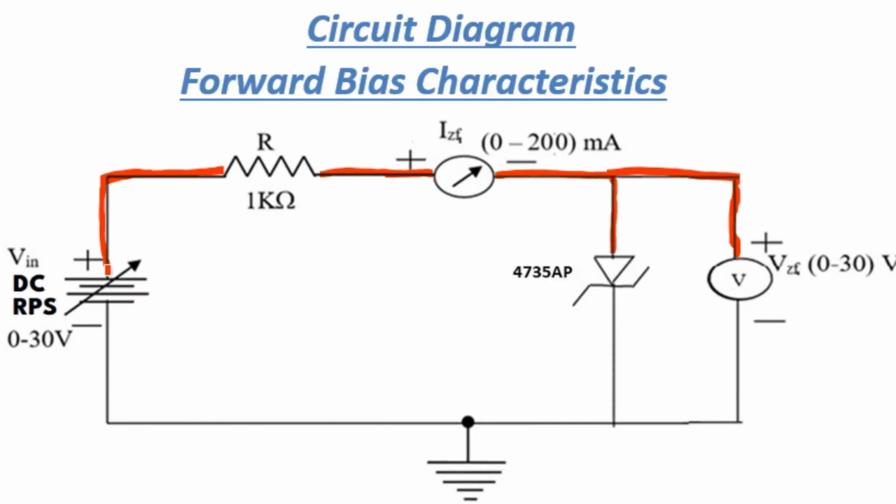RPS negative is connected to the breadboard ground. We will connect two more wires. One is the Zener diode cathode, and the voltmeter negative is also connected to the breadboard ground.